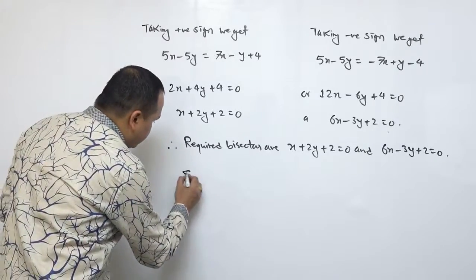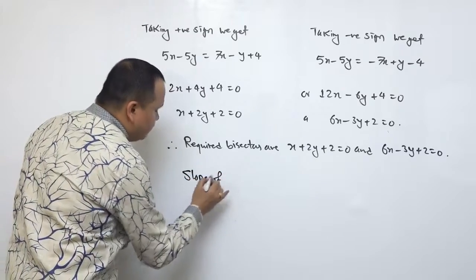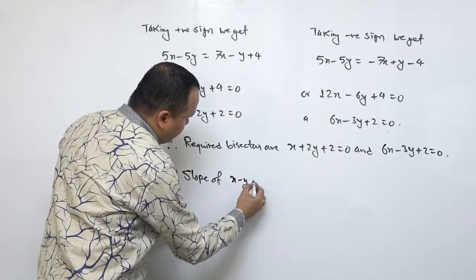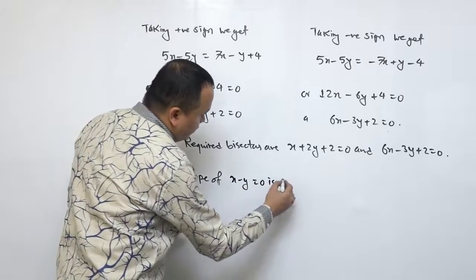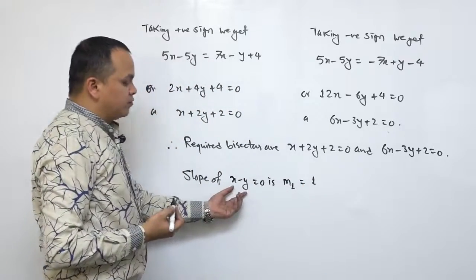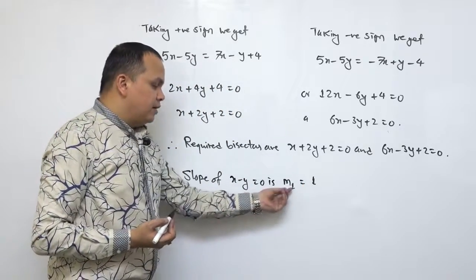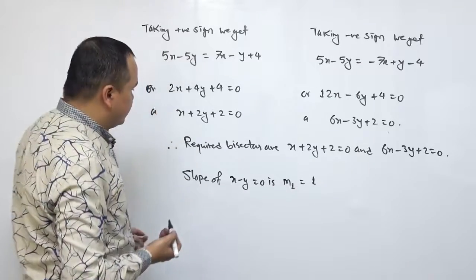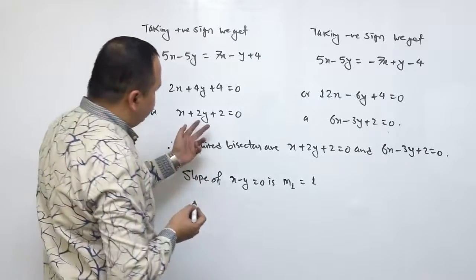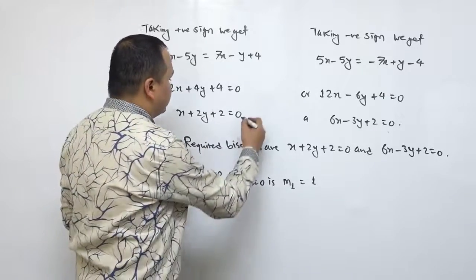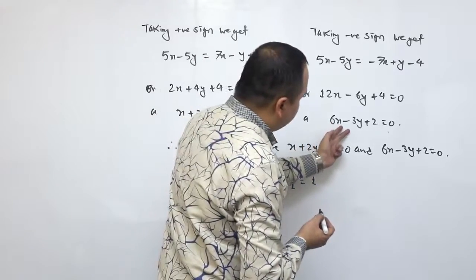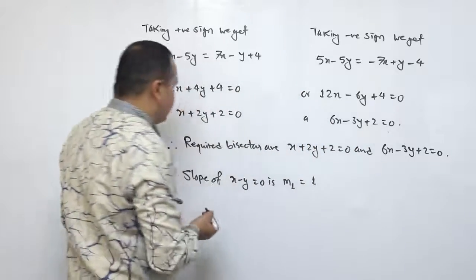The slope of the first line, that is x minus y is equal to 0, is m1, which is 1. Similarly, we take any one of the above bisectors, either x plus 2y plus 2 is equal to 0 or 6x minus 3y plus 2 is equal to 0.